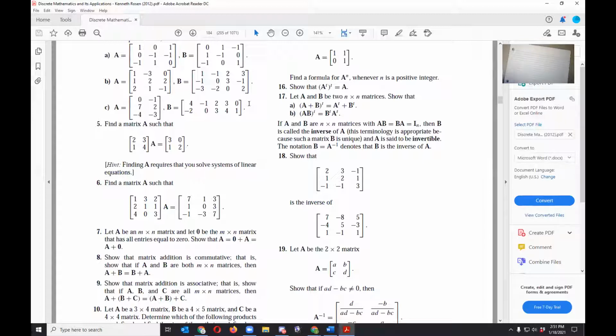I know that if I've got a 2 by 2 coming in, and then I'm multiplying that by another something, we'll call it A, and I get a 2 by 2 out, well, that means this has to be a 2 by 2, so these two can match, and this has to be a 2, so it gets this definition. So I know that A is going to be a 2 by 2.